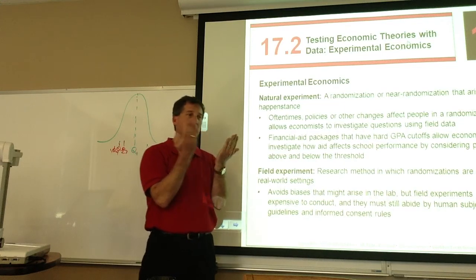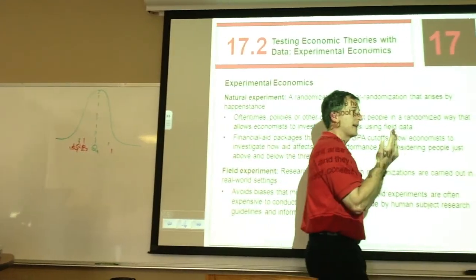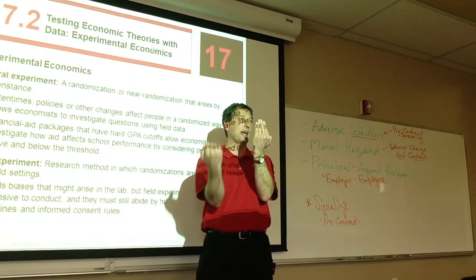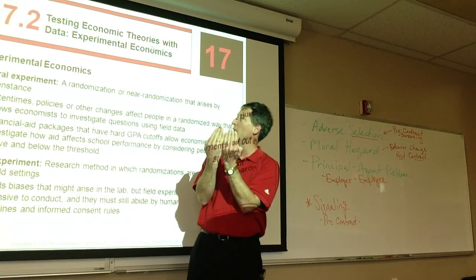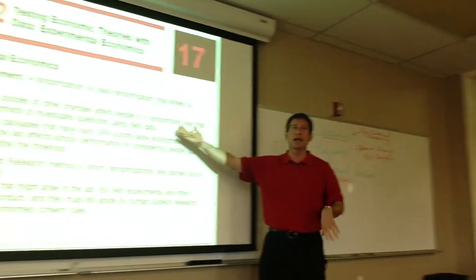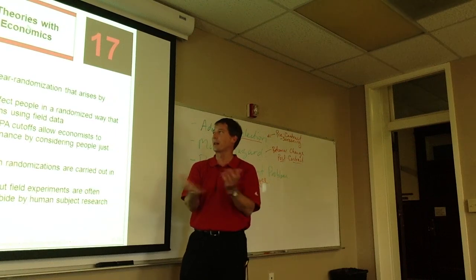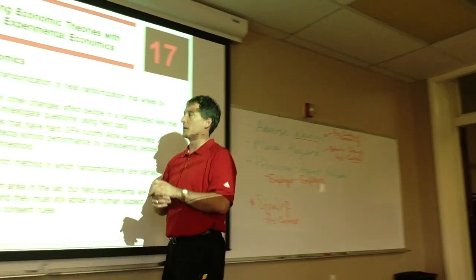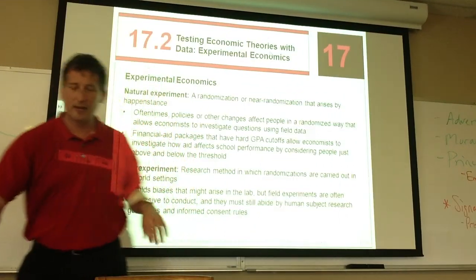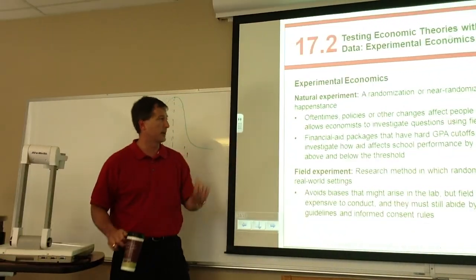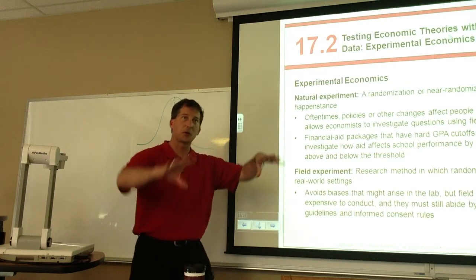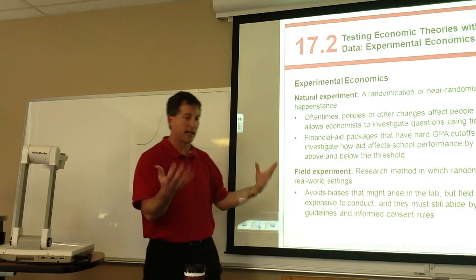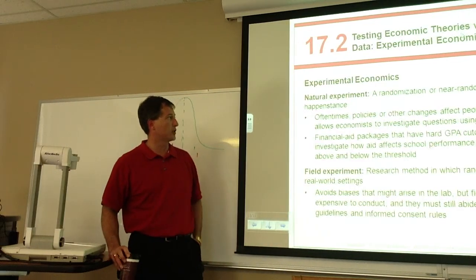So if you have two counties that are right next to each other and one has high tax rates and the other one doesn't, we can study behavior on each side of the border. Possibly a natural disaster comes up and we can study something that happened. So those are natural experiments, seeing how people behave under circumstances when the world creates its own little laboratory. We didn't design it that way, but it just happened through a policy change or something else.